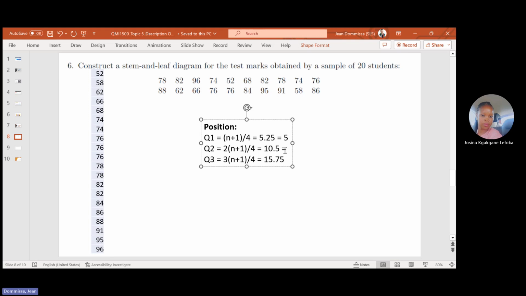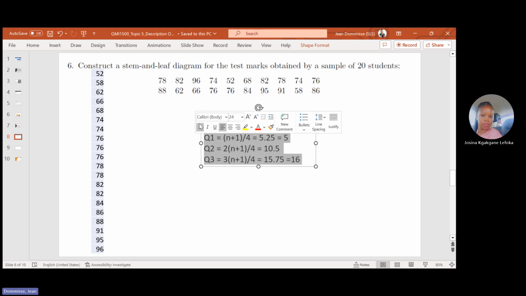That stays between the two in the middle, because I will show you how that happens, and that will be rounded up to 16. That for me is nearly the most important thing that you must please check for me. So we are now looking at those positions, and we will now look at the data to find those positions.